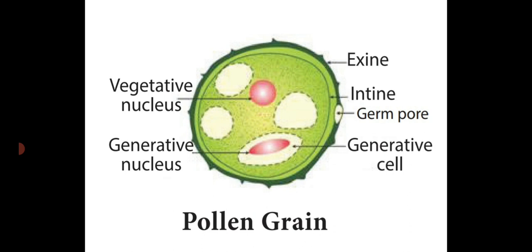Then there are 2 red regions. One is oval in shape, named the vegetative nucleus, which afterwards produces the pollen tube. The other is ovoid and red in color, known as the generative nucleus, which produces 2 male gametes. Also, the outer exine has a minute pore known as the germ pore.